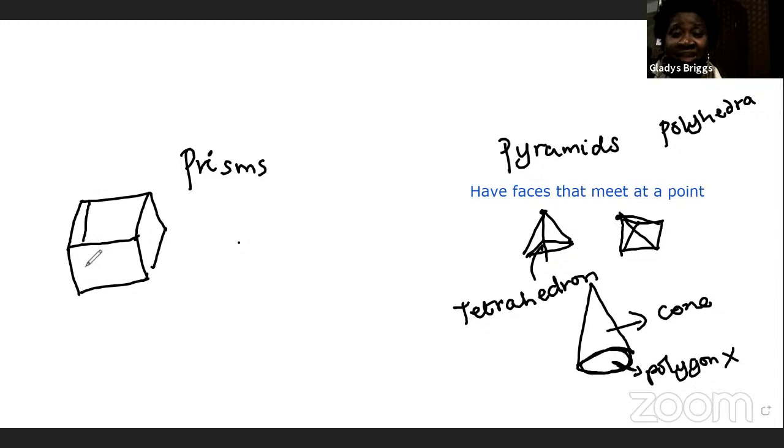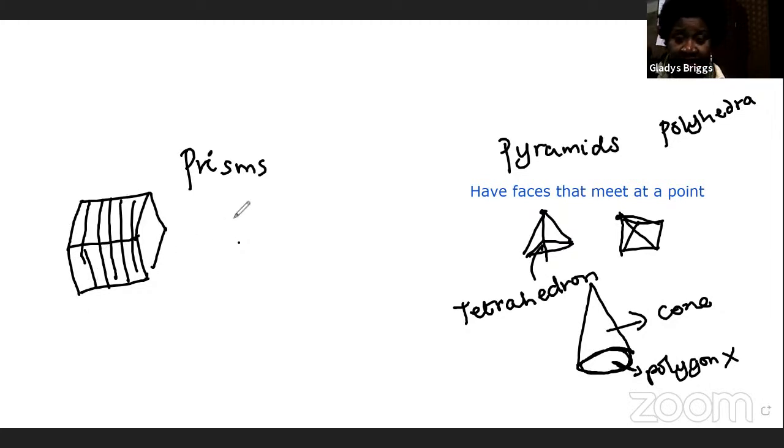Now you can take thin slices that will look like rectangles, and those rectangles go all through the length of that bread. Think of it as sliced bread, with all the rectangles going across. Yeah, so that's what prisms are.